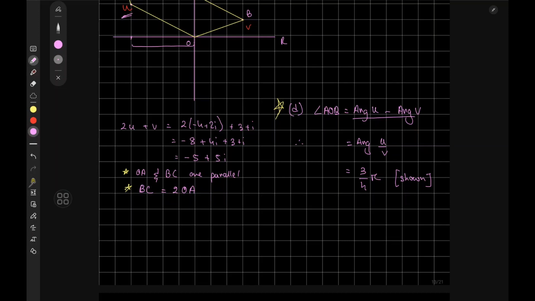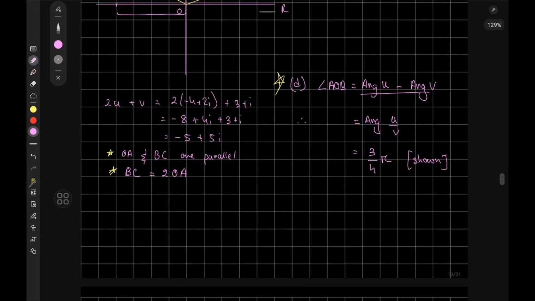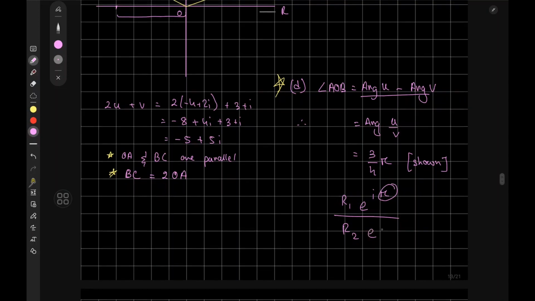I've explained how this works in the other video, where basically let's say R1 is the modulus of one complex number, and R2 is the modulus of another complex number, and e to the power i pi is the argument of the first complex number, and e to the power i of 3/4 pi is the argument of another complex number.